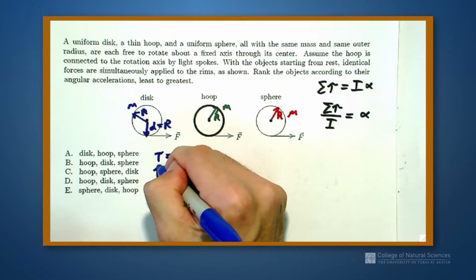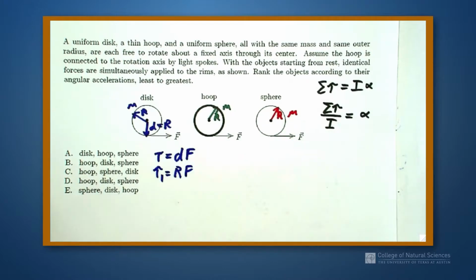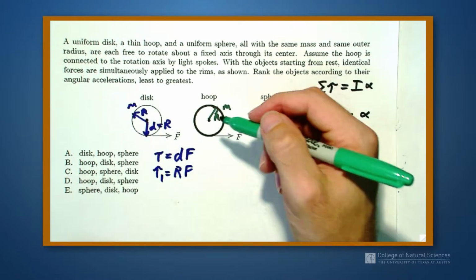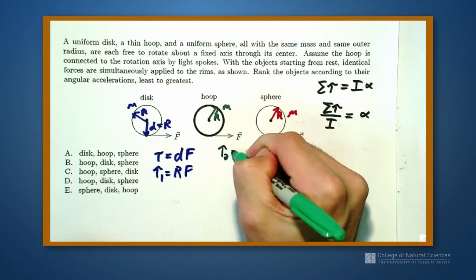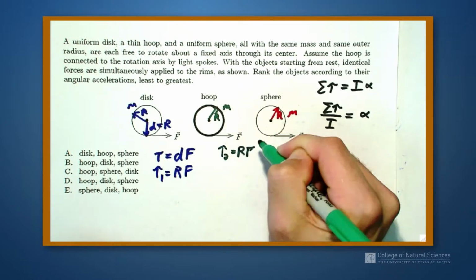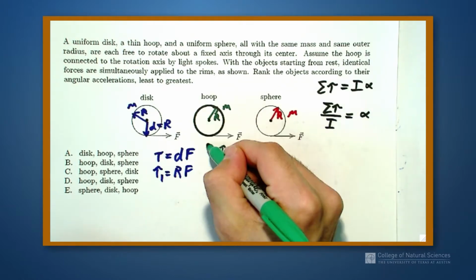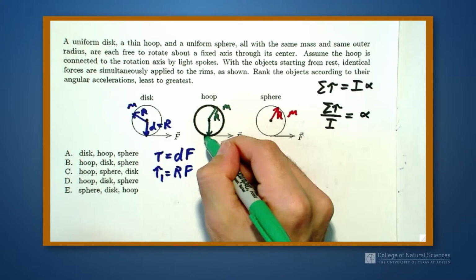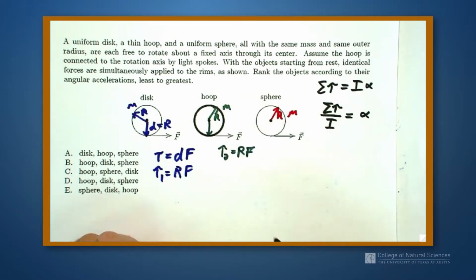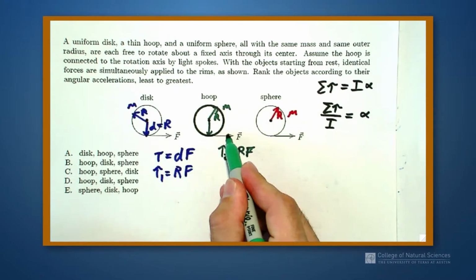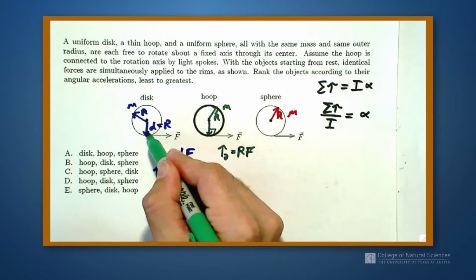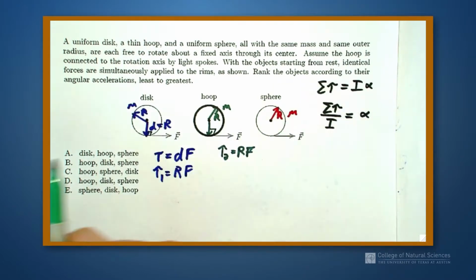So this is the torque of our first object. Same thing for this one: torque 2 is equal to r times f. Same r down, same f over. I'm dropping the sine of the angle because the angle is 90 degrees for all of these cases.